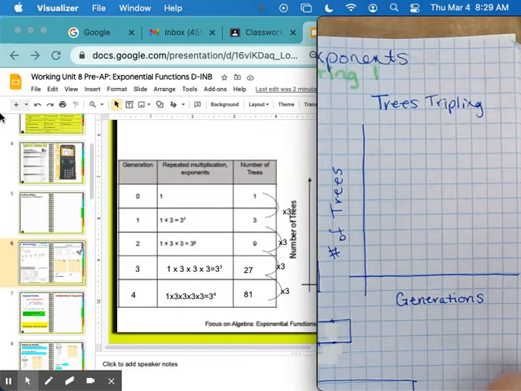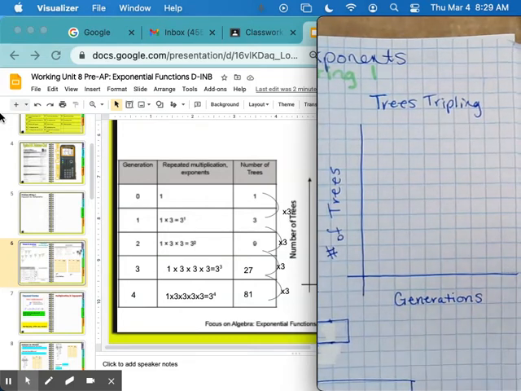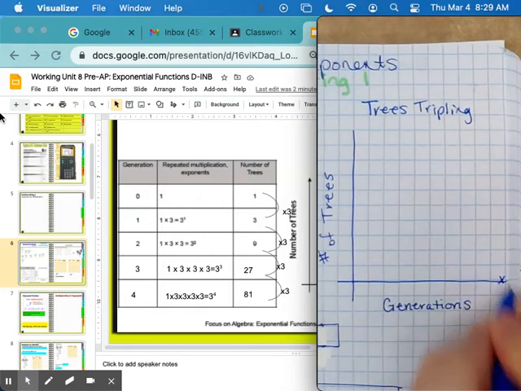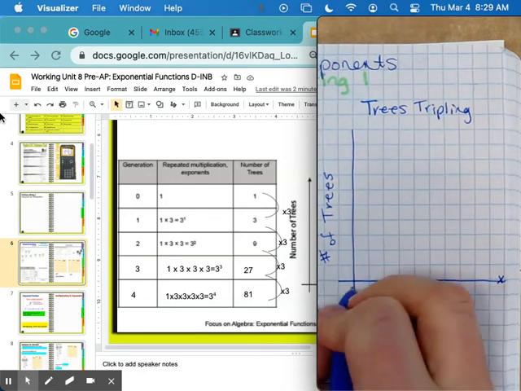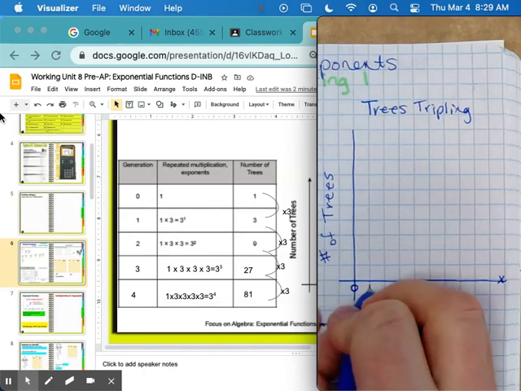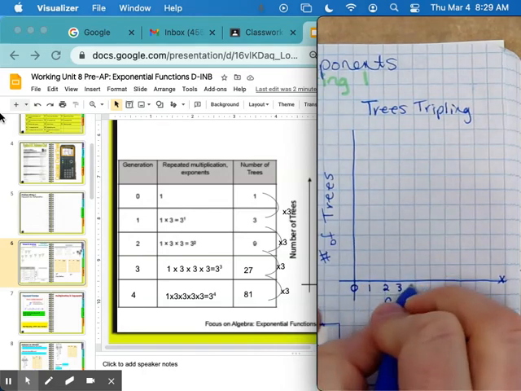And what do we need to go to on the generations? So generations is our x. So we're starting out with 0 and going to 4. So let's label them 0, 1, 2, 3, 4.